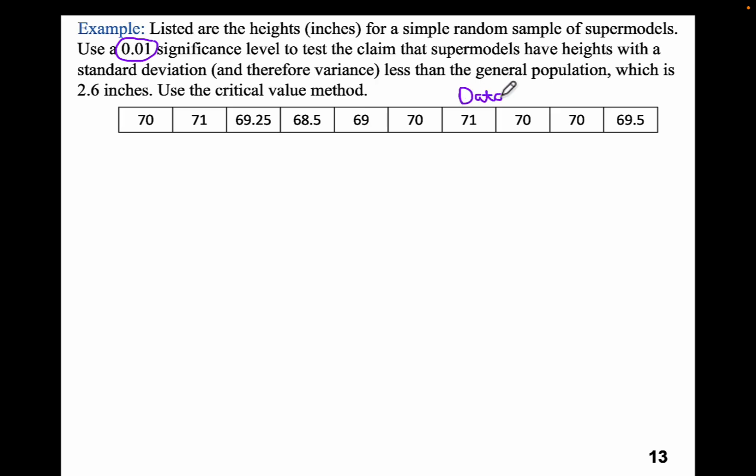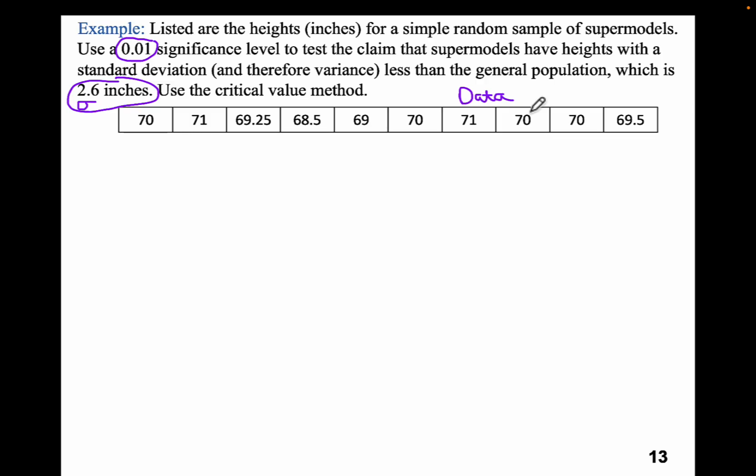Know that the program is going to ask us for sigma. That's the standard deviation here. How many of these do we have? 1, 2, 3, 4, 5, 6, 7, 8, 9, 10. So we have 10 data values.